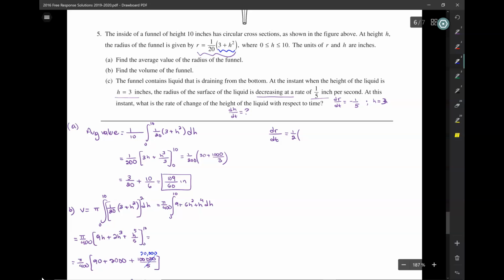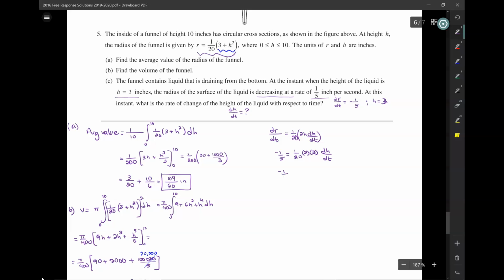The derivative of 3 with respect to t is 0. The derivative of h squared with respect to t is 2h dh/dt. Okay? This is 1/20. So finally, I have that dr/dt, negative 1/5, is equal to 1/20 times 2 times 3 times dh/dt.